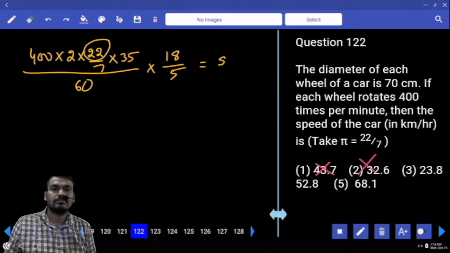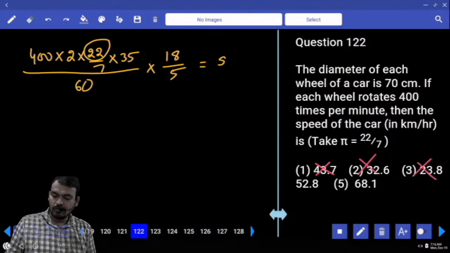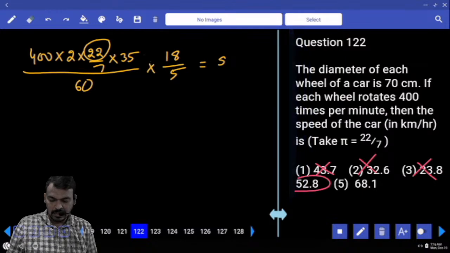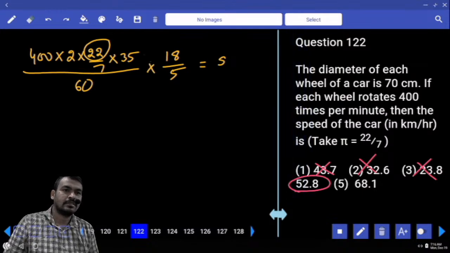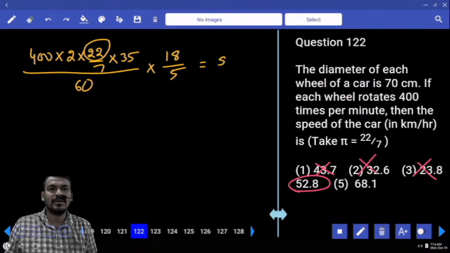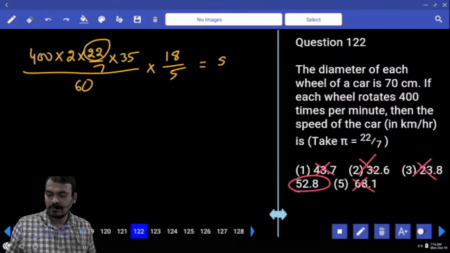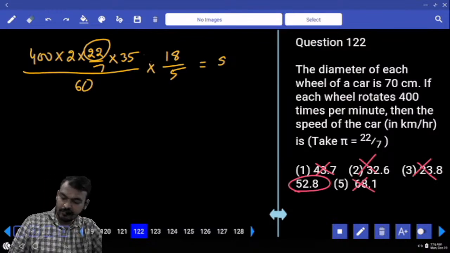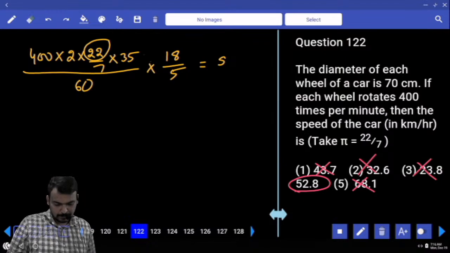No. Third option? No. Fourth one? Yes. 8 plus 5, 13. 13 and 2, difference 11. Alternate digits, next 6, 8, 1. 11 multiple? No. What is the answer? Fourth one, 52.8.